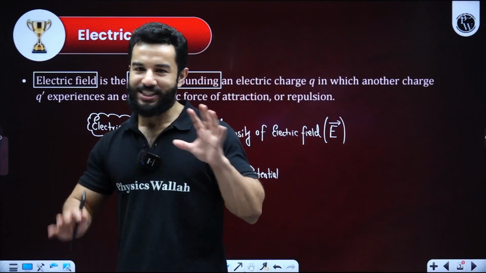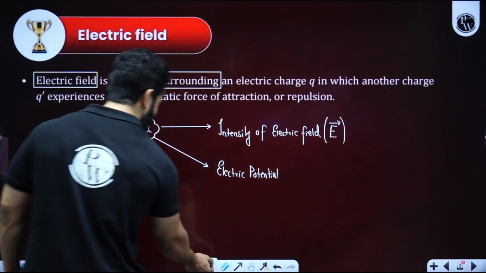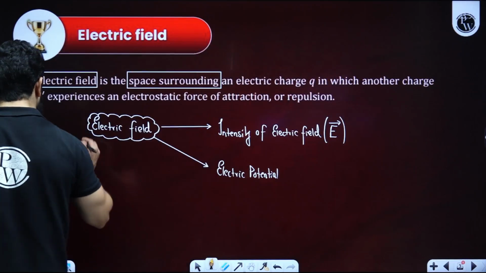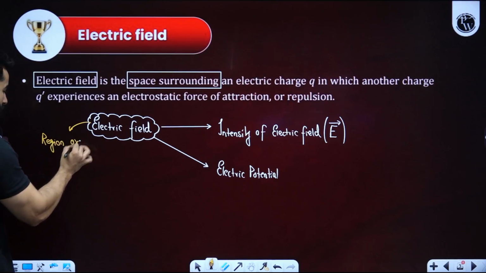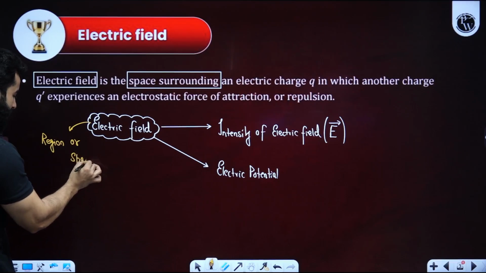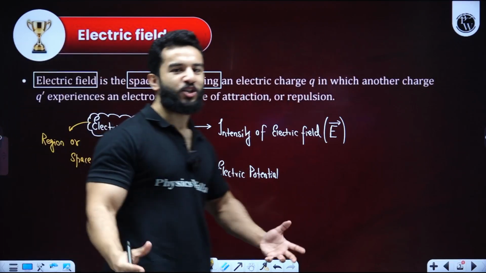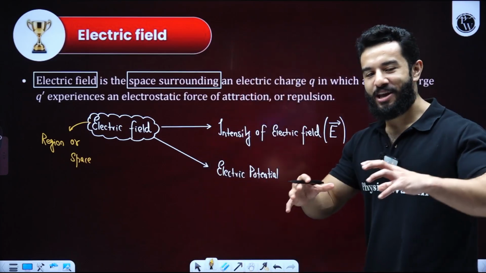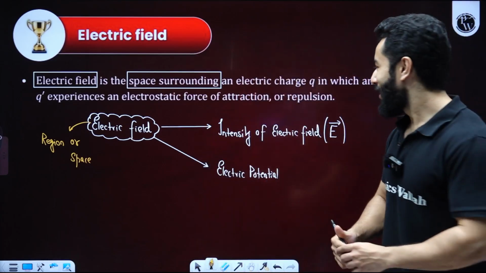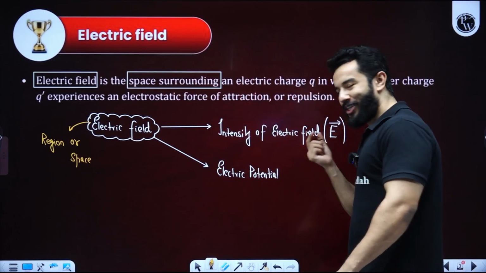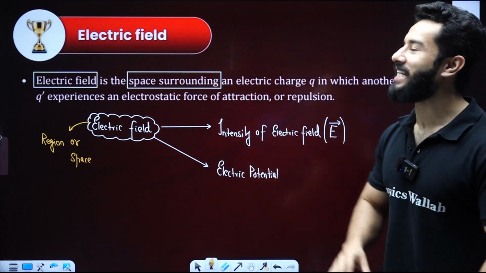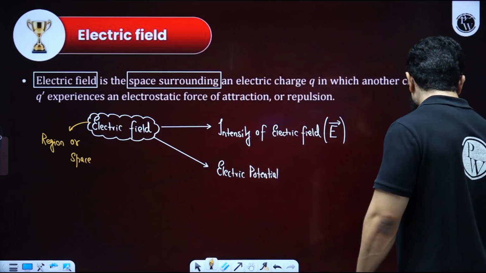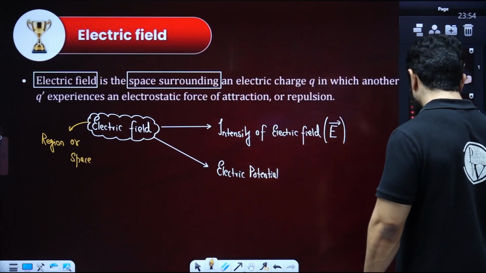So electric field is simply a region or space surrounding a charge. And if you want to know more about that, we'll define it using intensity of electric field or electric potential. So this is the basic idea behind the electric field.